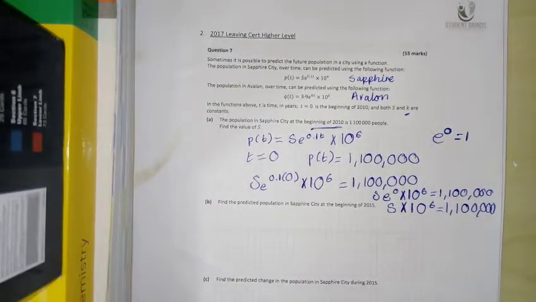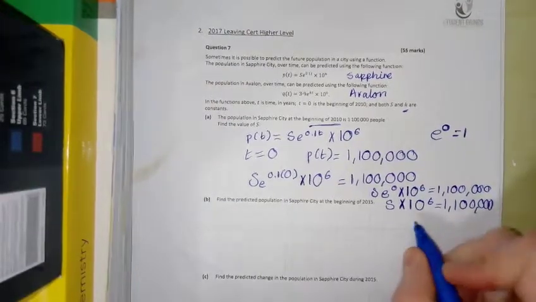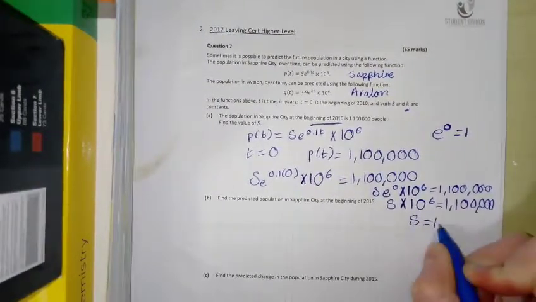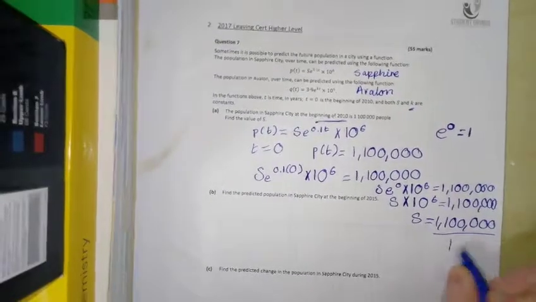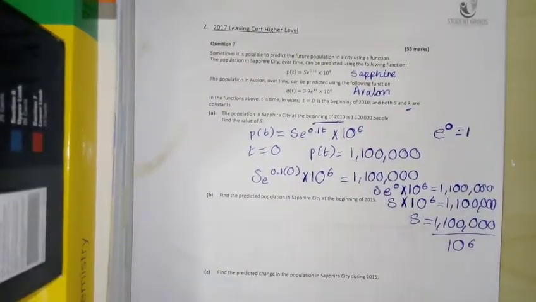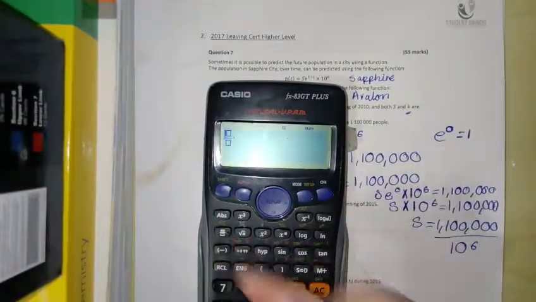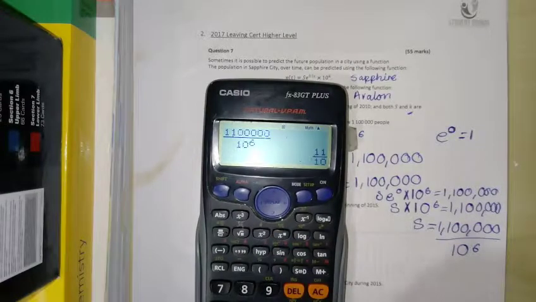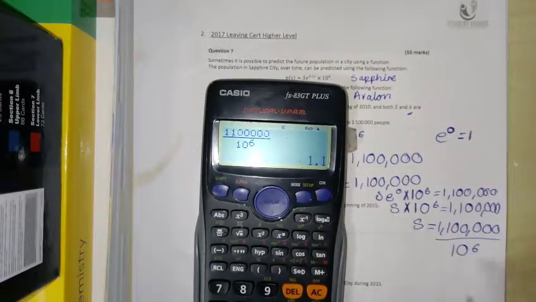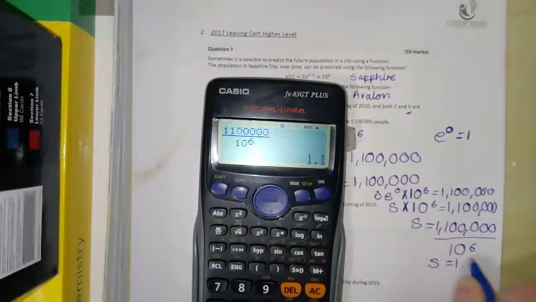So if I want to figure out what S is, S is equal to 1,100,000 divided by 10 to the power of 6. If I plug that into my calculator, I get S is equal to 1.1.